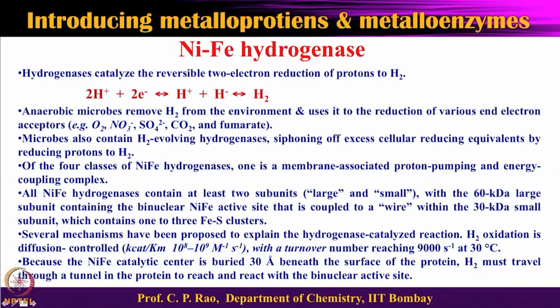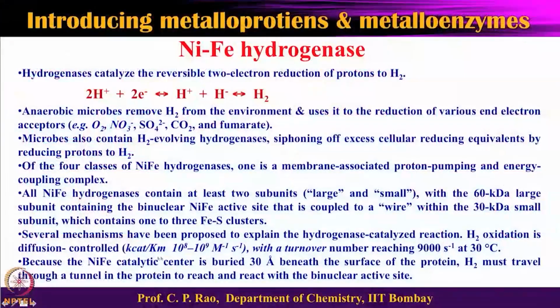So, let us look at another aspect. As I told earlier, in the case of urease, the nickel enzyme accelerates the reaction by 10 power 14, and in this case the hydrogenase has a very high kcat by Km of 10 power 8 to 10 power 9, with a turnover number of 9000 per second.